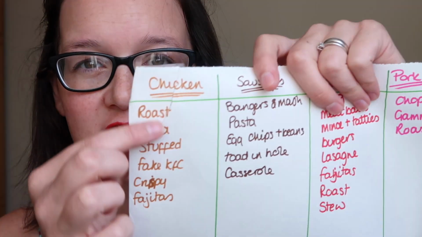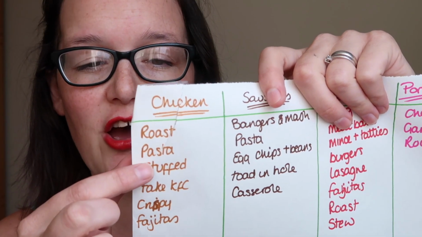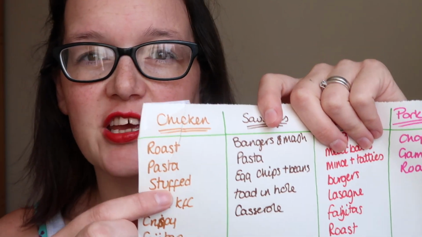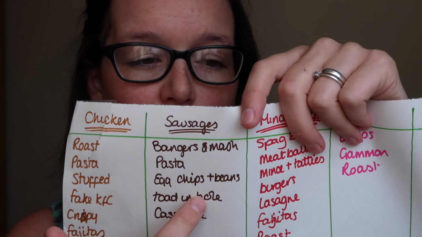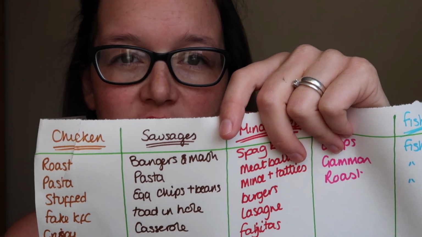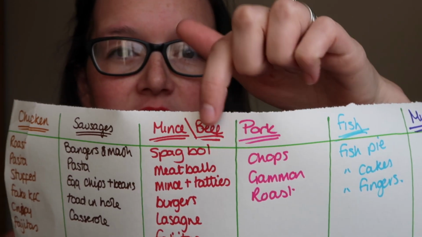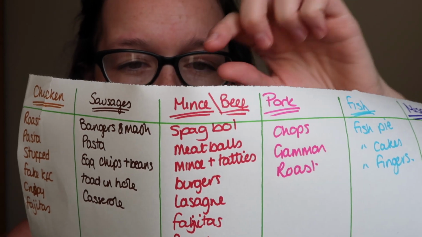So over here we've got your chicken dishes. So we've got a roast, chicken and pasta, stuffed chicken. This is where we slice the chicken breast open and we put a cheese spread sort of stuff in there with garlic and herbs and things. We've got our sausage meals, like toad in the hole, bangers and mash, and then either mince or beef meals.